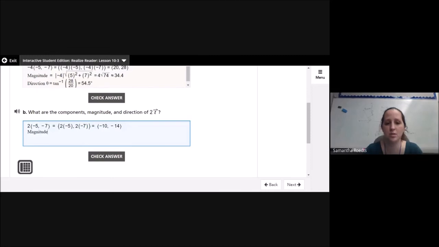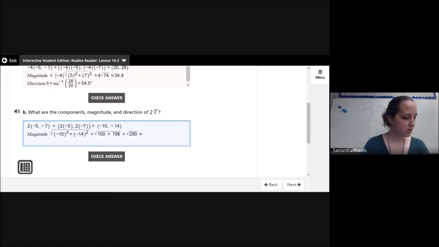Magnitude. I'm going to take the square root of -10 squared plus -14 squared, which gives me 100 plus 196, which equals the square root of 290, which is approximately 17.2.